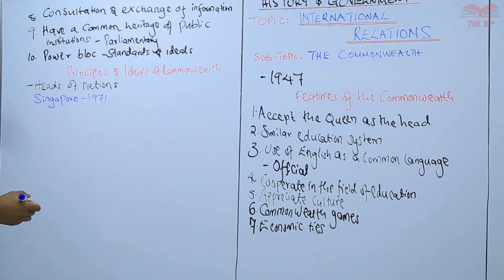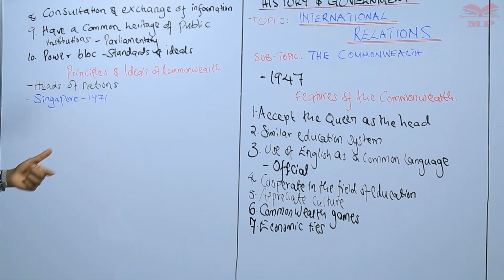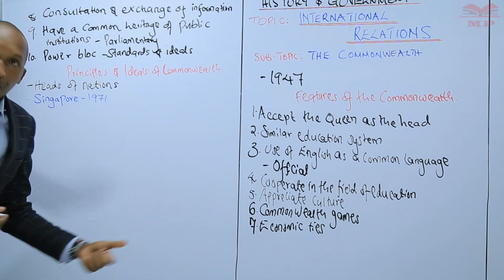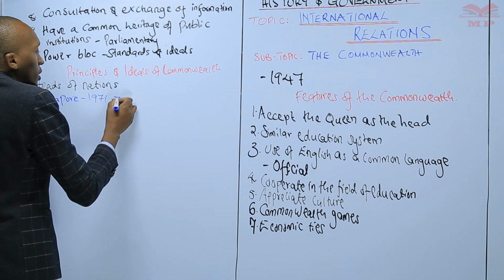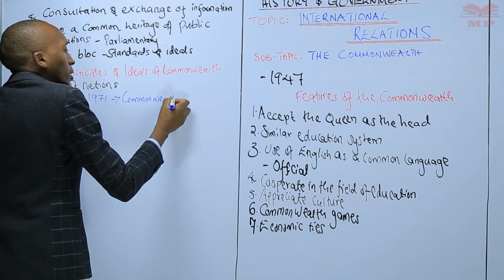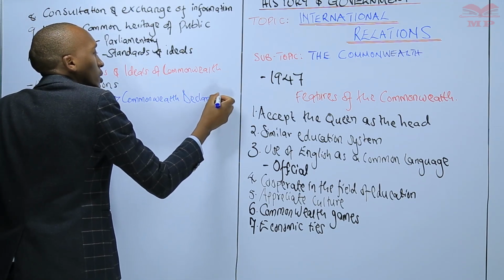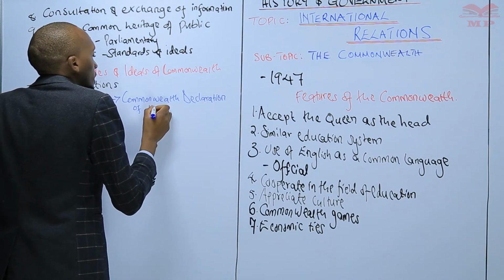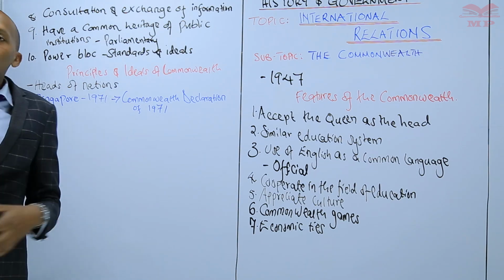All the heads of the Commonwealth nations came together in Singapore and had a conference that instituted the principles that are now followed by the Commonwealth. So they formed the Commonwealth Declaration of 1971. They formed a document that is referred to as the Commonwealth Declaration of 1971.